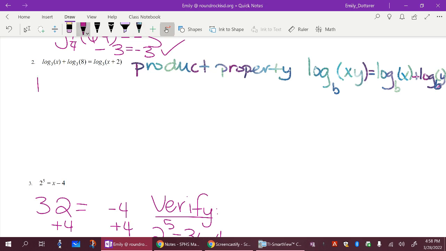So that means on the left, this is the same thing as log base 3 of 8x. Now we have two logs with the same base that are set equal to each other by the equality property.